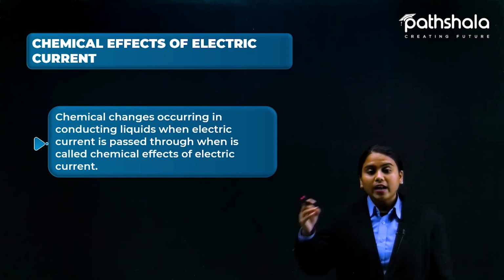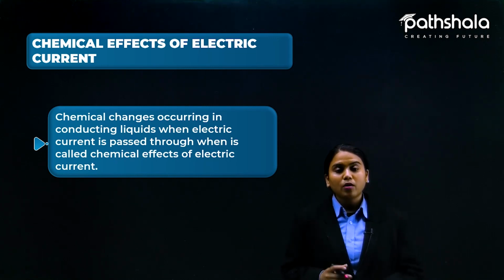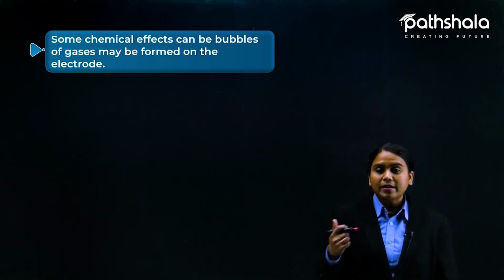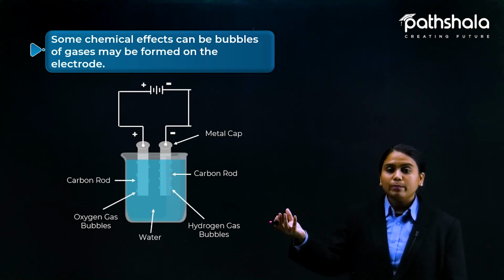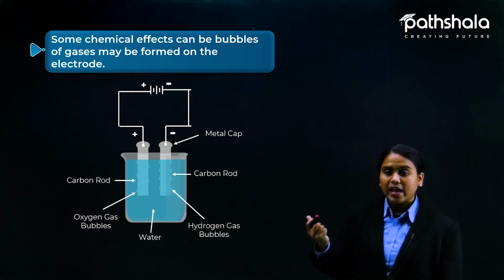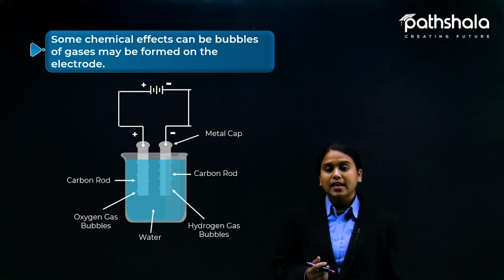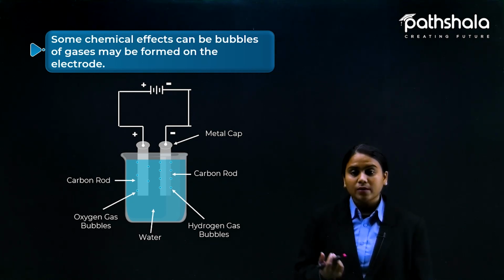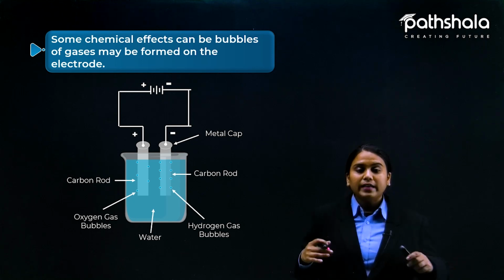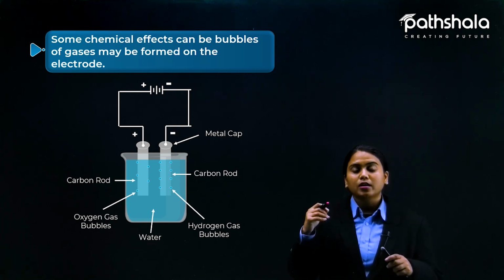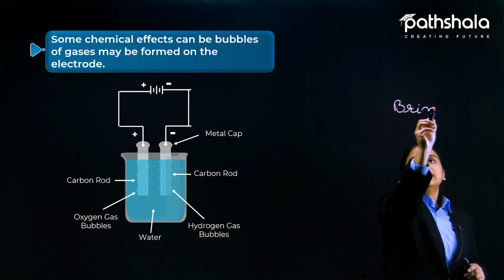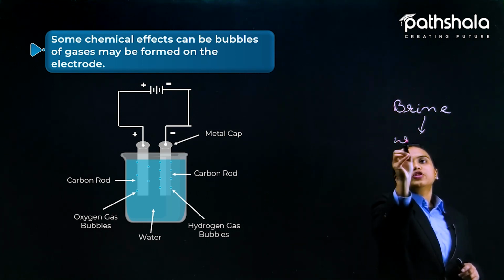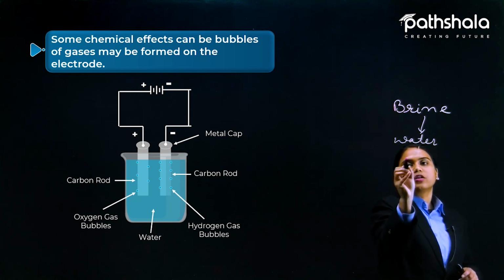And not only this, we are going to see a lot of other changes. So what are these? Some chemical effects can be like the bubbles of gases that could be made at the electrodes. Like here in the diagram, as you can see, there are carbon rods that are electrodes. If we take a brine solution, do you know what a brine solution is? A brine solution is nothing but a mixture of water with salt.